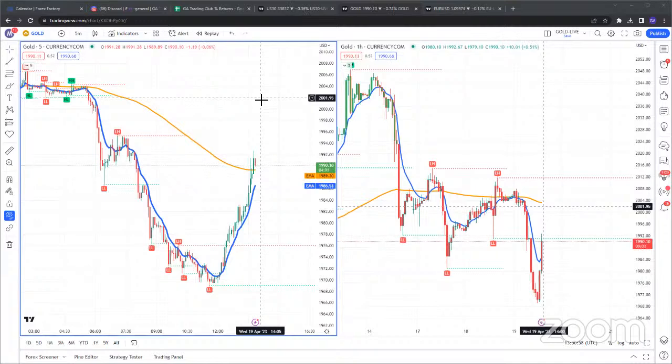It was only trending, and you just wait for the price to be above, and then you go for a long.